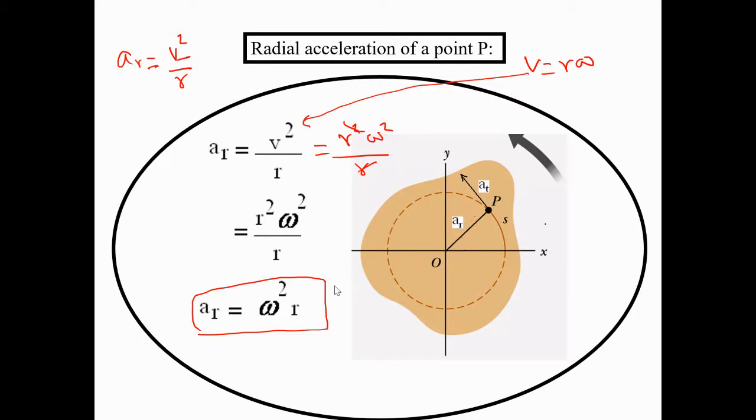Doctor, here what does a_r mean? a_r is nothing but the centripetal acceleration. Okay. So this is your tangential acceleration, and this is your centripetal acceleration. Always your tangential acceleration is perpendicular to your centripetal acceleration. Keep this point in your mind.